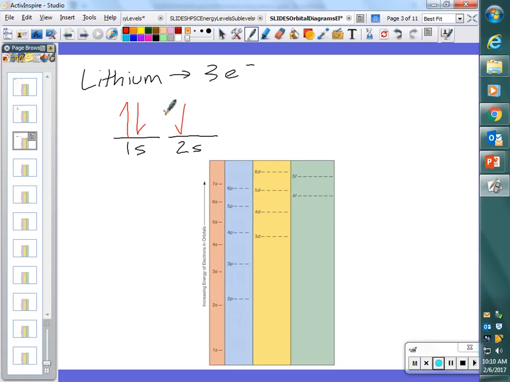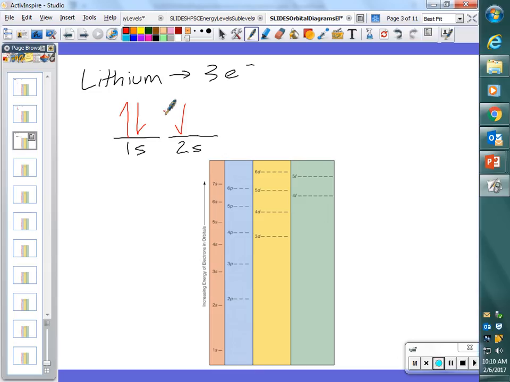Yes. The direction of the arrow is used for what? Just to distinguish one electron from the other. If there's only one electron in that box, does it matter whether we go up or down first? It really doesn't.